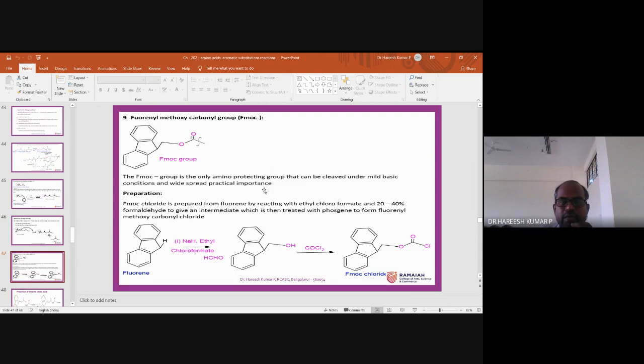This one is used as an amino protecting group. And this Fmoc group, if we need to deprotect it from the peptide, a mild basic condition is used.